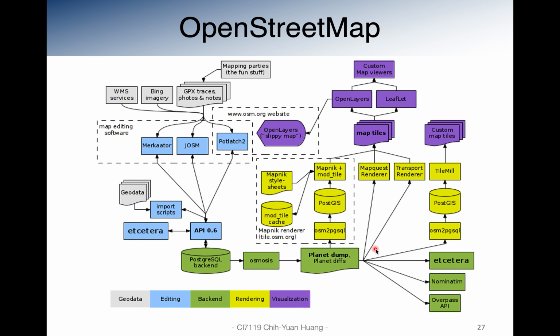In this case, this is the OpenStreetMap architecture, and they have some special design in their system so that they can accommodate these high frequency updates. I'm not going to dig into the detail, but if you want to know, feel free to search online. What I know is that they store the map tiles in memory.